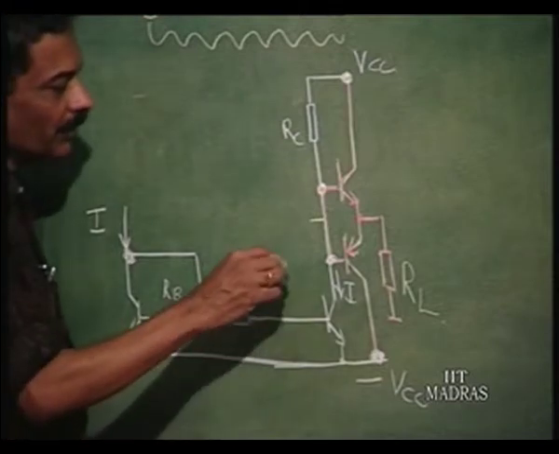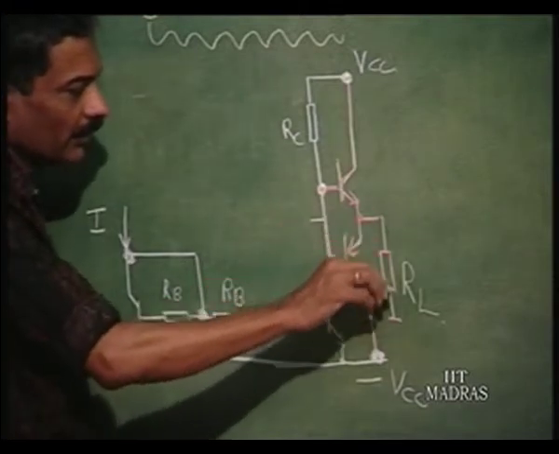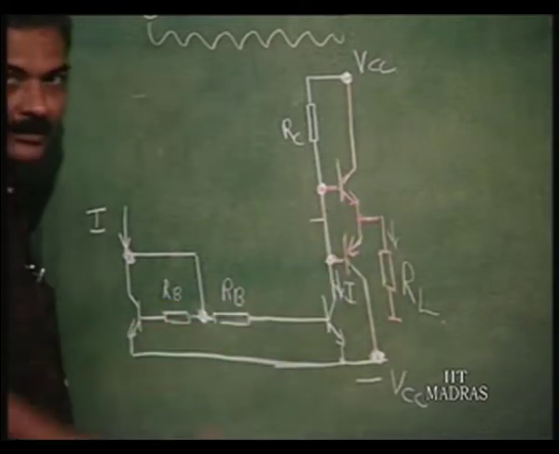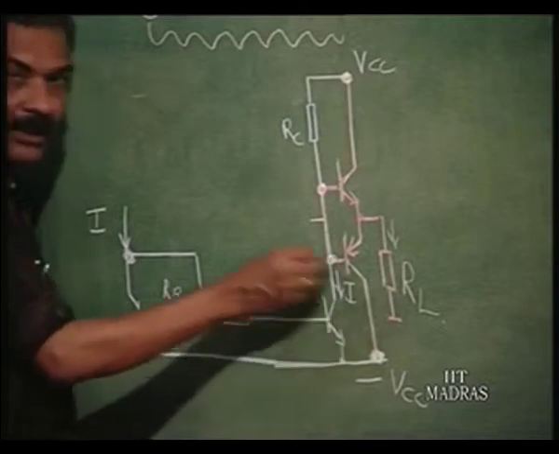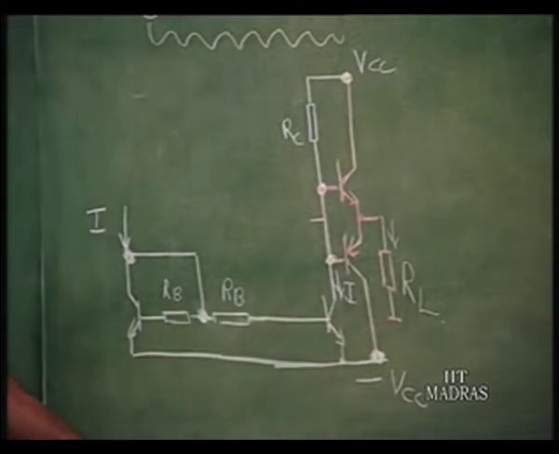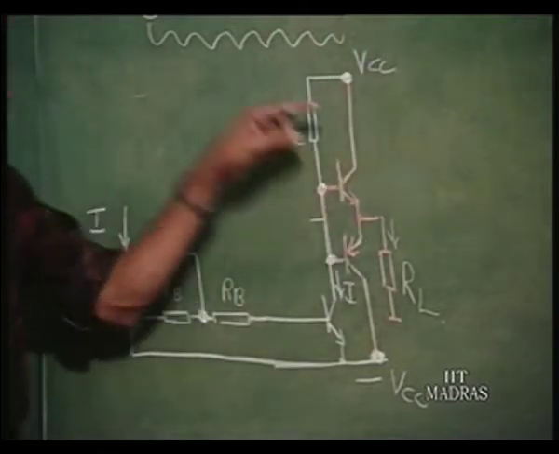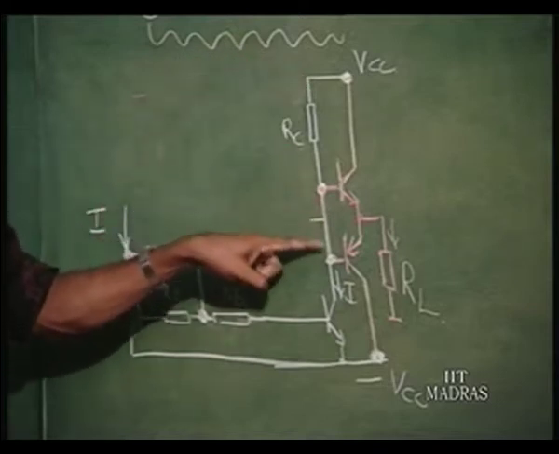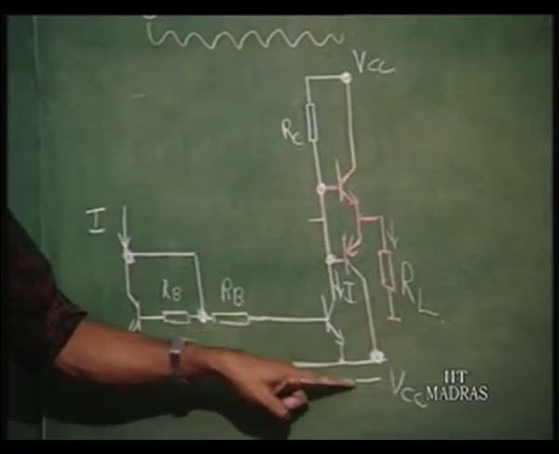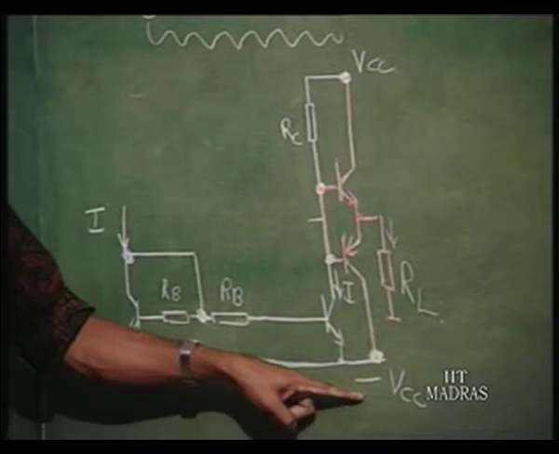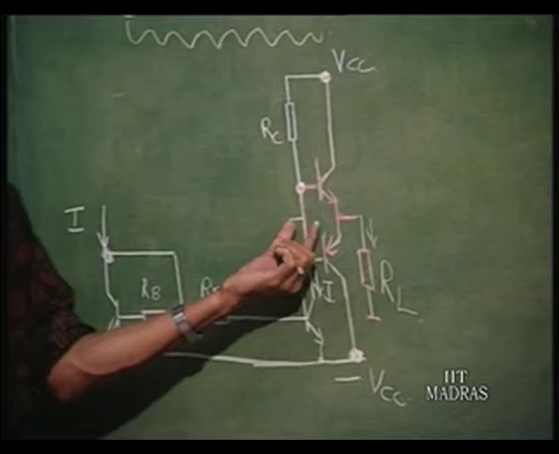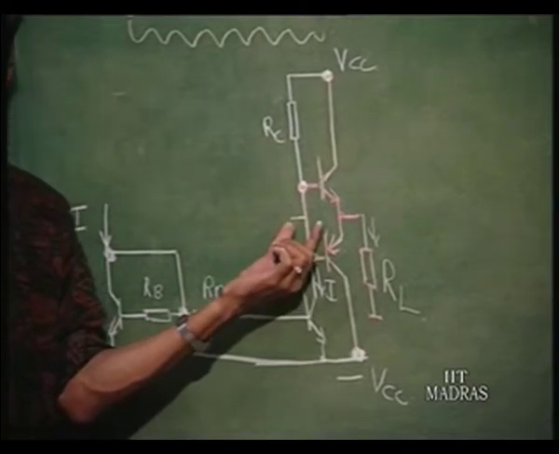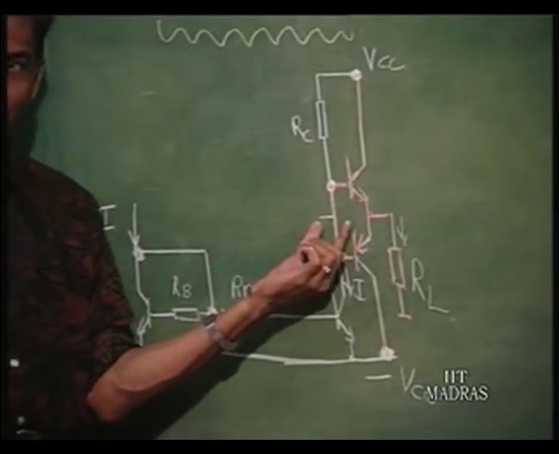Load is in terms of drawing of current. We have a common emitter amplifier here. If you forget about this, this is nothing but collector resistance, and the emitter is connected to minus VCC. So, the drive of this amplifier can go up to plus VCC to minus VCC. That is the drive requirement for the class B output stage.